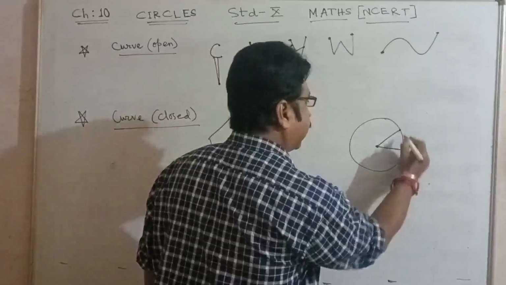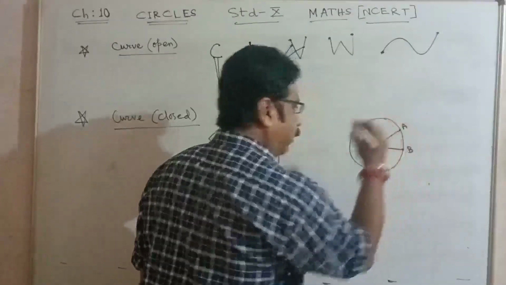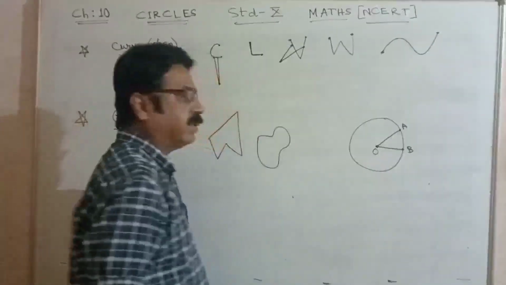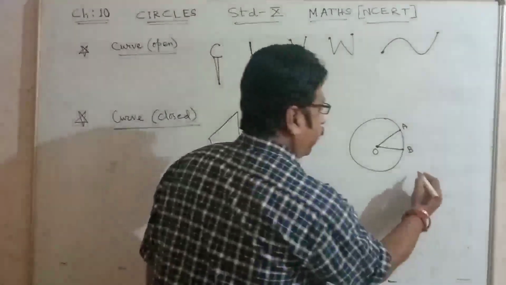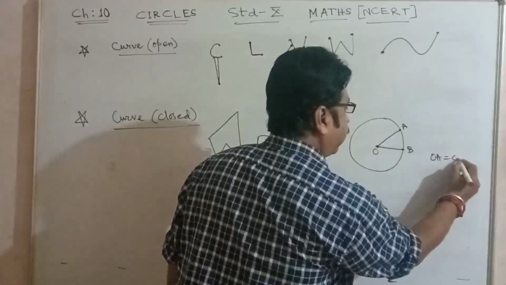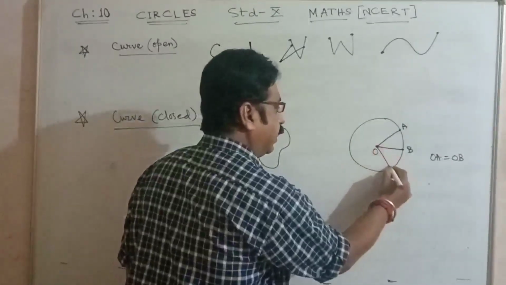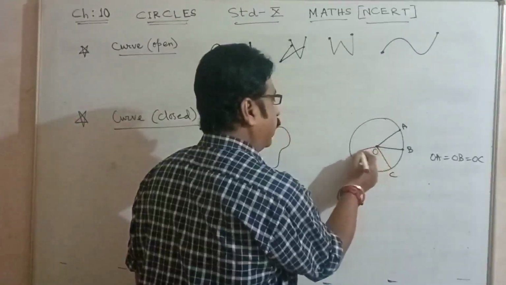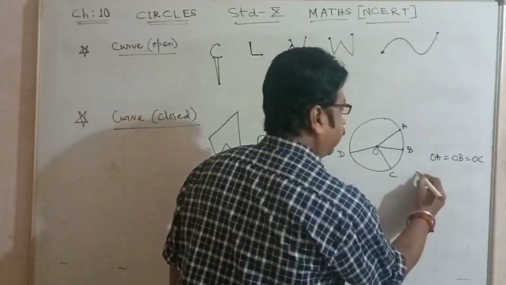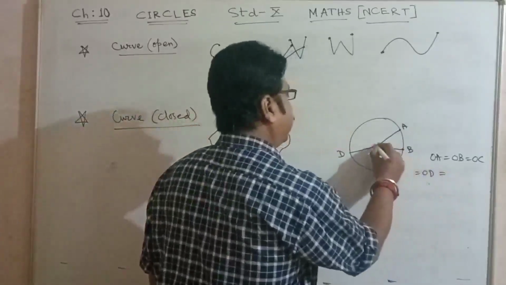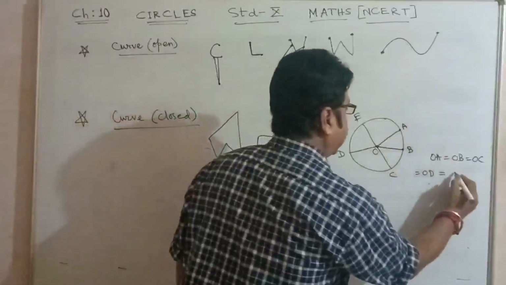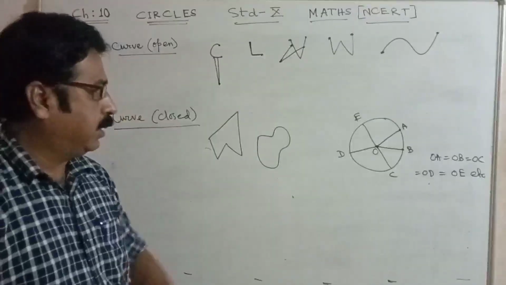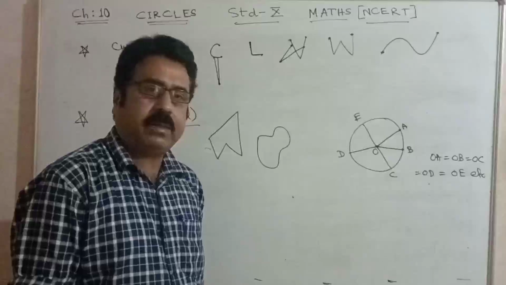Suppose this point was A, this point was B, and the fixed point, let us suppose it is O. Then if we see OA equals OB equals OC equals OD equals OE, etc. Then this closed curve is called a circle.